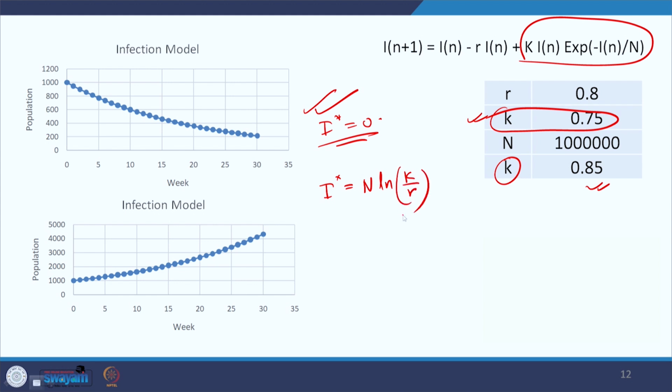So, what we are doing here is, we have the equation I_{n+1} equal to I_n minus r I_n plus k I_n e to the power minus I_n divided by n. And we are finding the equilibrium solution of this, for which we put I_{n+1} equal to I_n equal to I star.